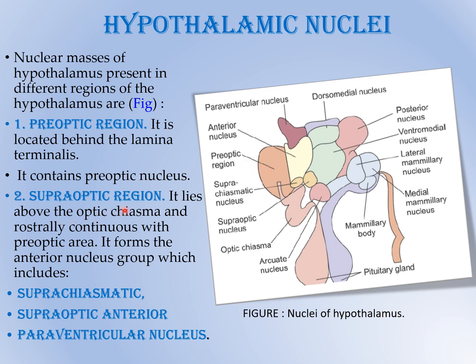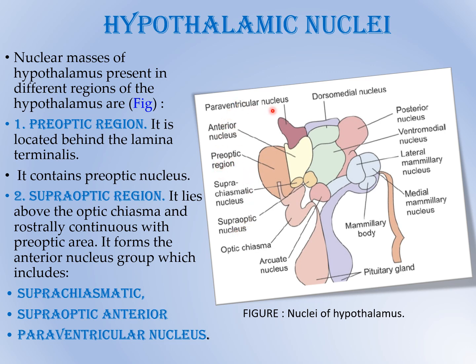Then supraoptic region, it lies above the optic chiasma and rostrally is continuous with the preoptic area, and it forms the anterior nucleus group, which includes suprachiasmatic nucleus, then supraoptic and paraventricular.